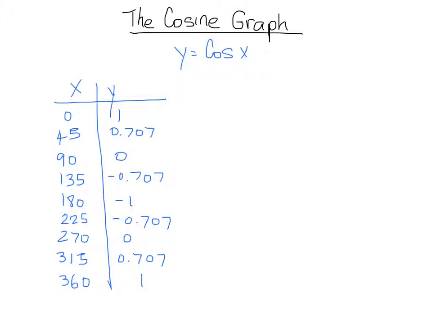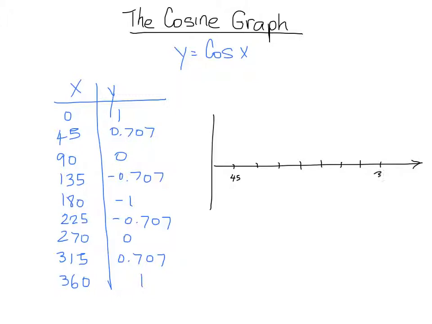So when we draw this graph, let's put down our coordinate plane, and I'm going to count in increments of 45. I'm actually not going to put down all the numbers, that would take too long. So 45, 90, 135, 180, 225, 270, 315, 360.